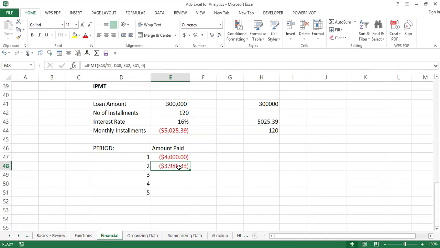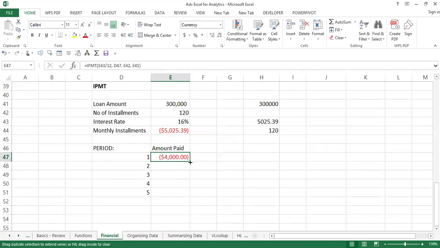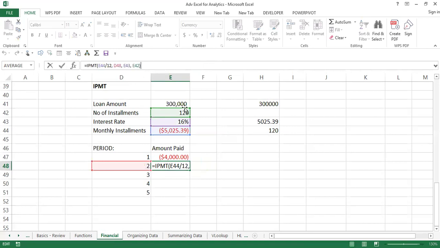When you drag, you see here, it has shifted.